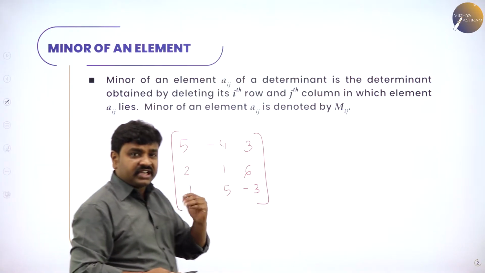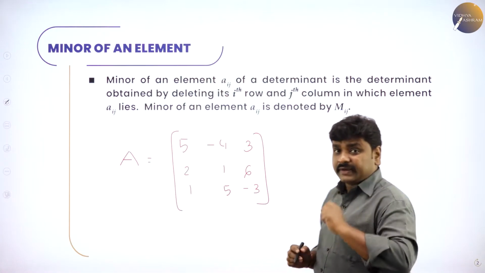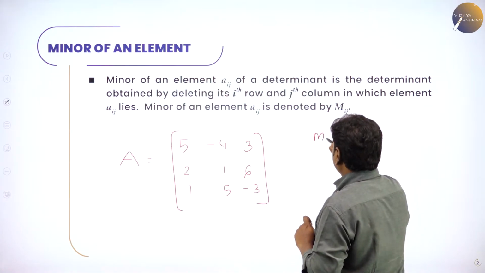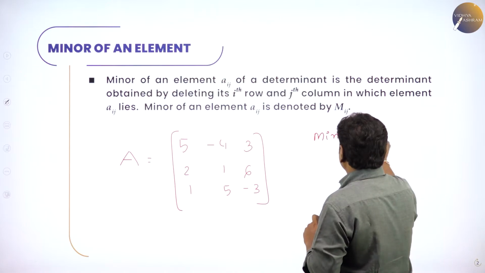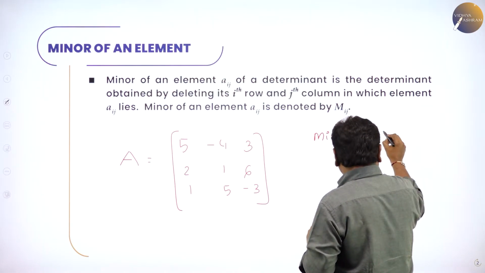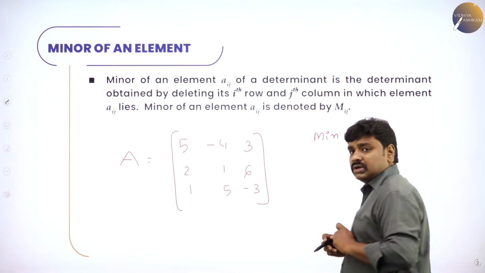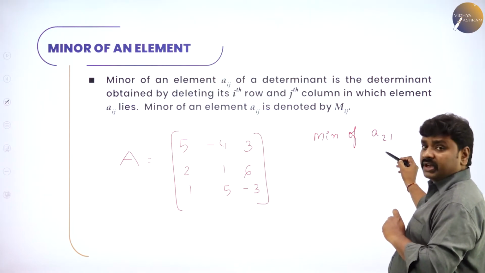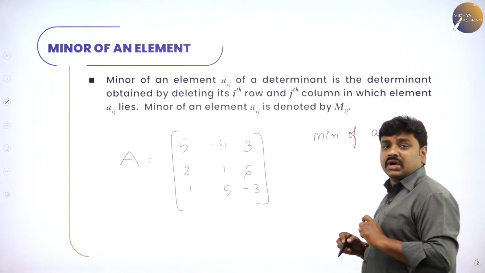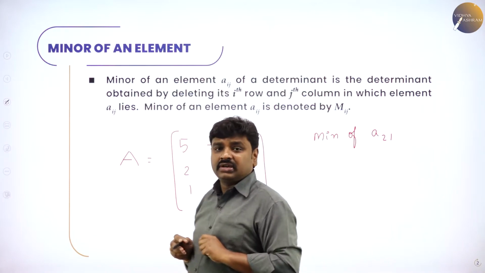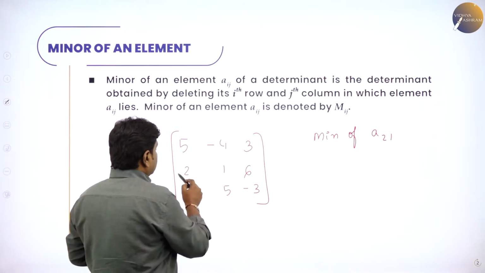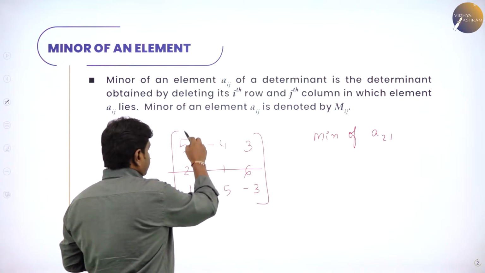So you can find the minor for each element. Suppose you want the minor of A21. Minor of A21 means what? You want the minor of the second row, first element. How to find it? A21 means leave the second row and leave the first column.